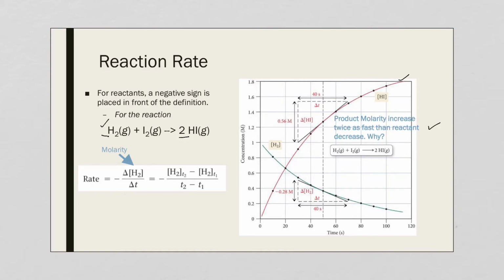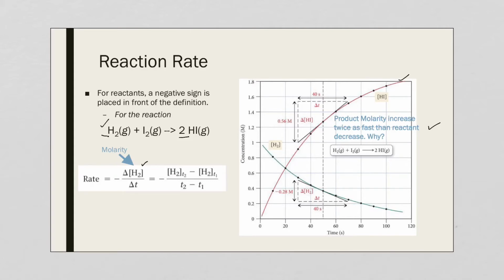First, remember that when we enclose something in brackets like this, what that's referring to is the molarity. So anytime, not only in kinetics but in other topics later on in the course, when we put something in brackets, we're indicating that that's the molarity of it.